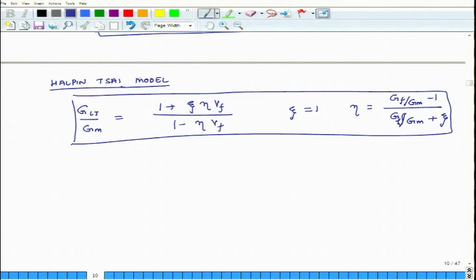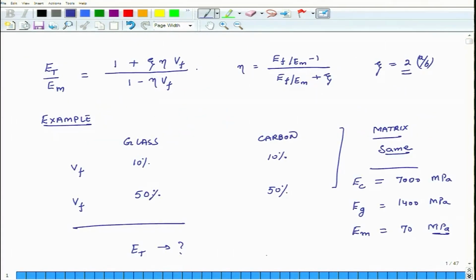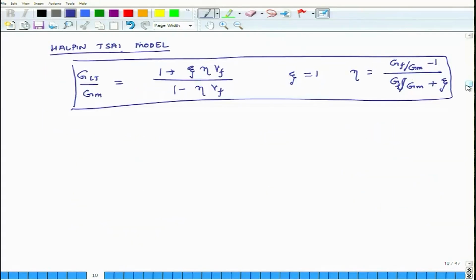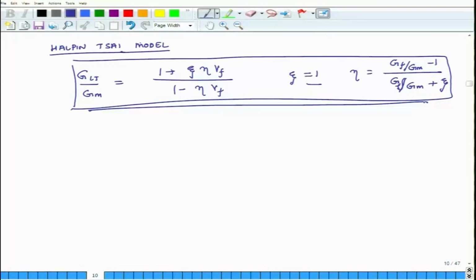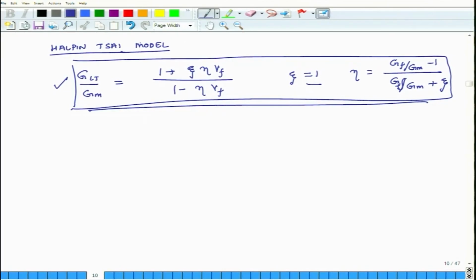In the relation for transverse modulus, there is a factor of 2, but in the case of shear modulus, the model says we do not use this factor of 2. For circular fibers, we just use 1. For non-circular fibers, we use eta equals A over B, not twice A over B. This is important to differentiate, and if we use this relation, we get reasonably good agreement between experimental data and predicted values. So, in this course, we will use this approach to compute the value of GLT.